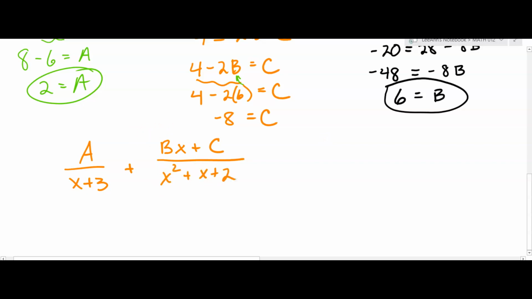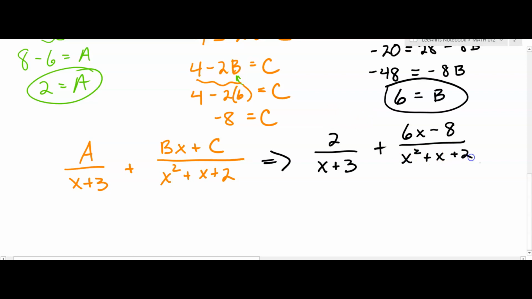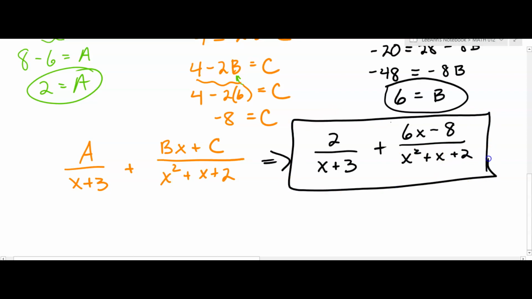Okay, so the partial fraction decomposition is going to be, my a was 2, my b was 6, minus 8 for c.